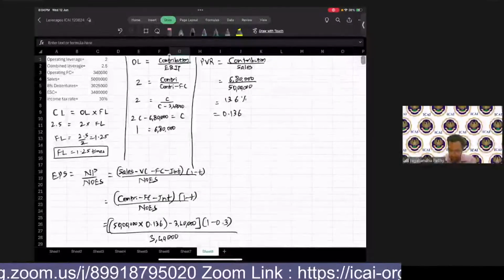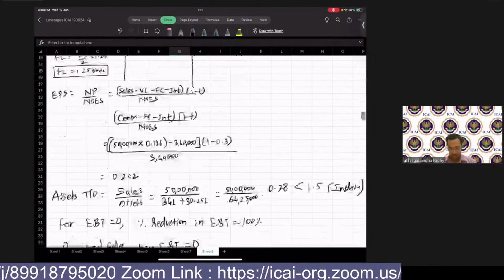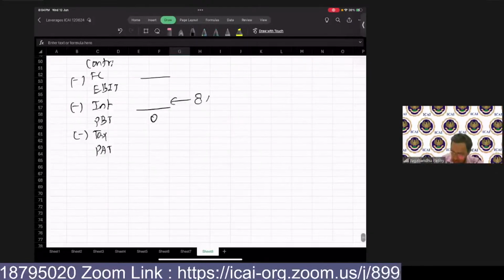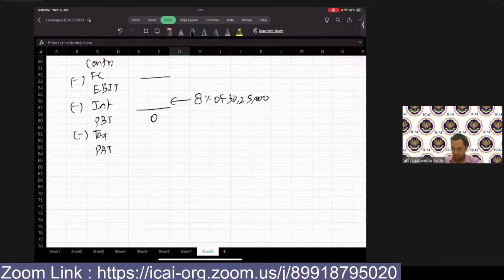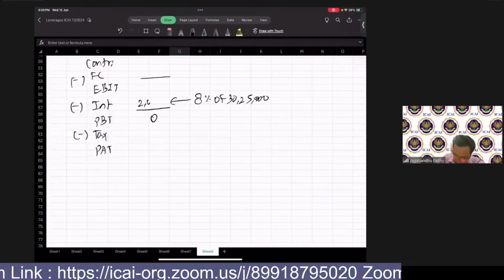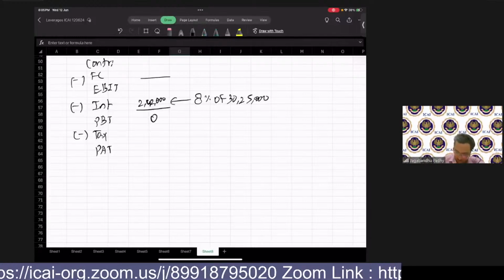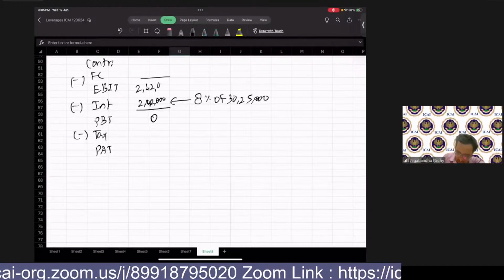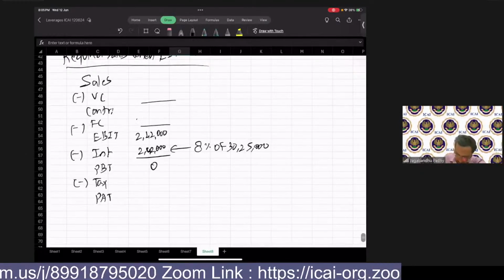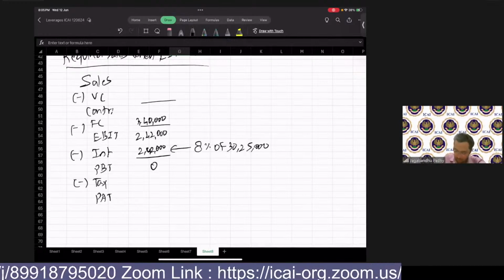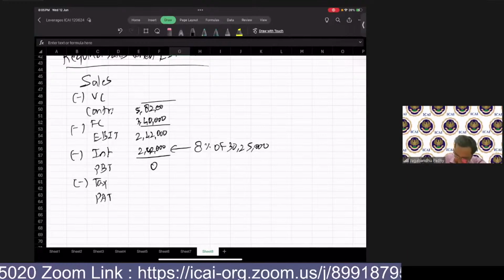The interest is 8% of the debentures, 8% of 30 lakh 25,000, which is 2 lakh 42,000. So my EBIT should be exactly this figure. I need to cover the fixed cost also, which is 3 lakh 40,000. So my contribution will be the cumulative total, 5 lakh 82,000.